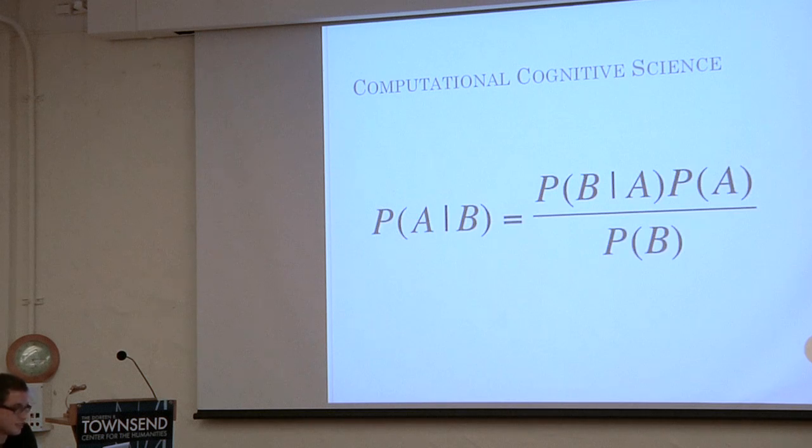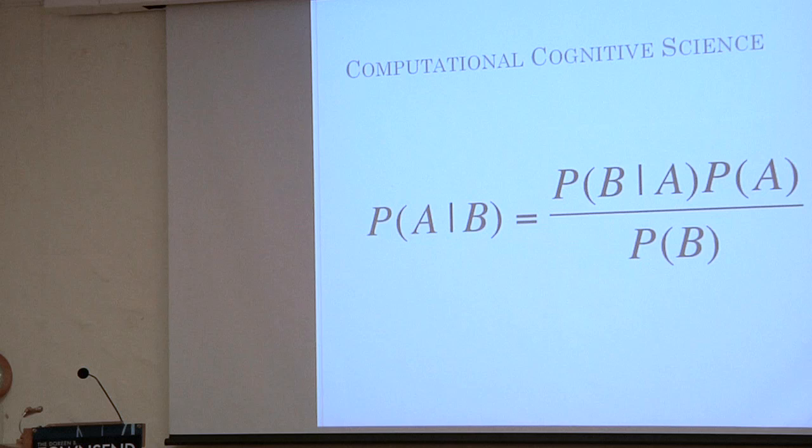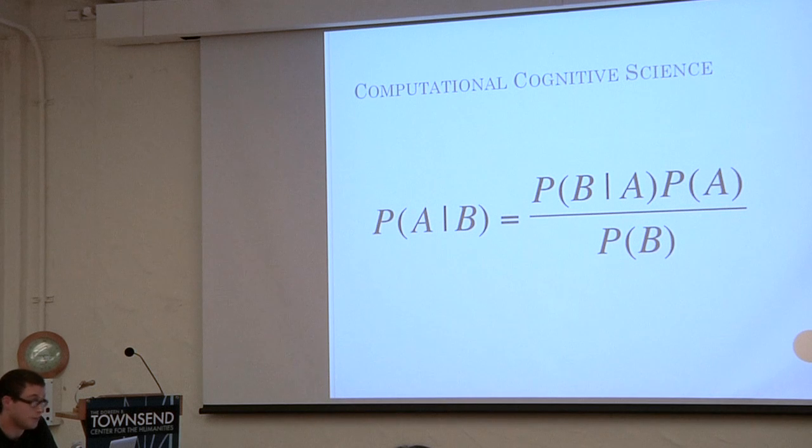But this is Bayes' theorem. It's a little scary math, but it's not too bad. Essentially what this is saying, I'll explain a little better later, is that the probability of A occurring given B is equal to the probability of B occurring given A times the probability of A occurring ever. So the probability of B given A, that's your prior distribution.